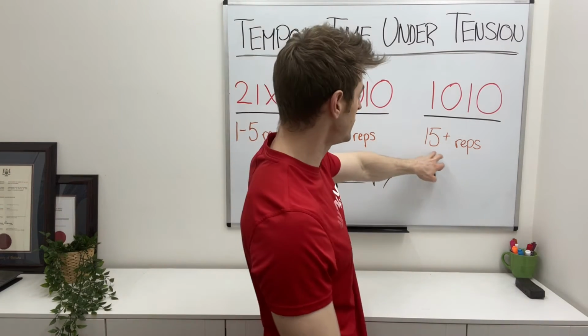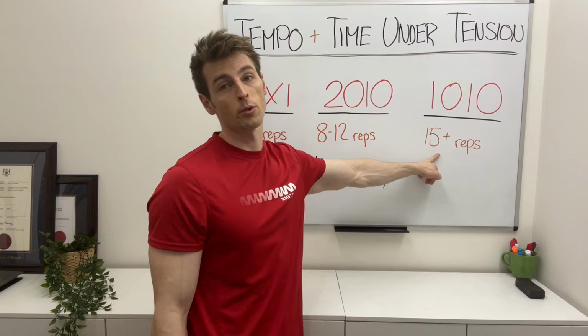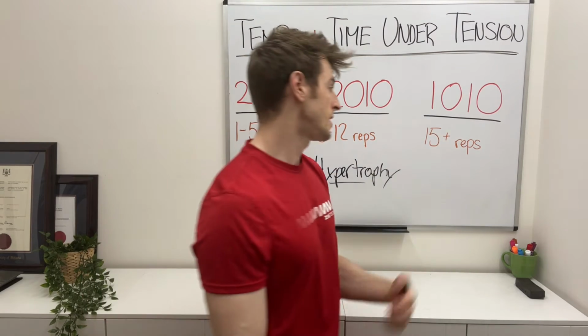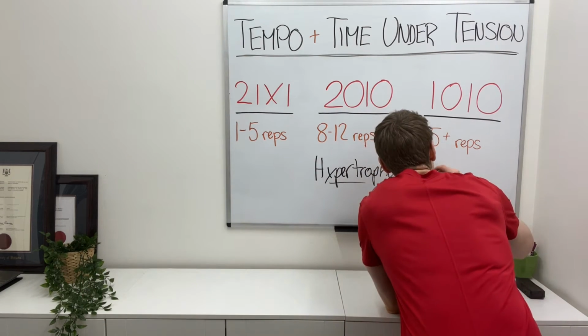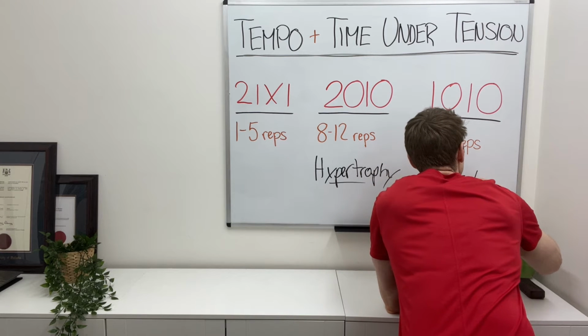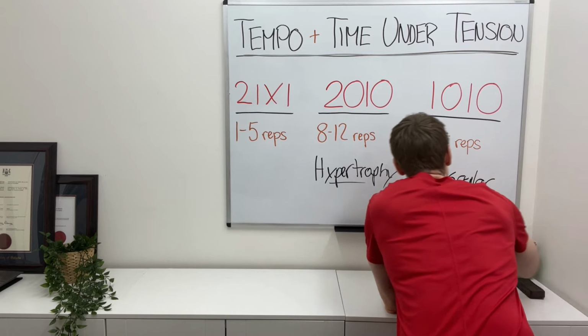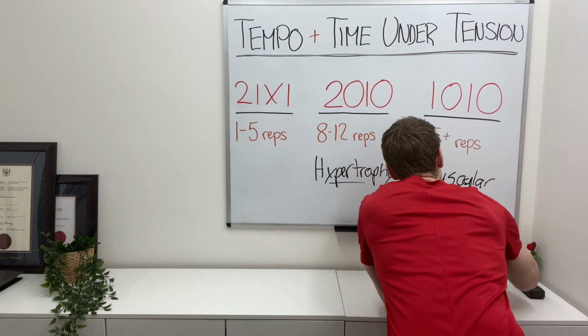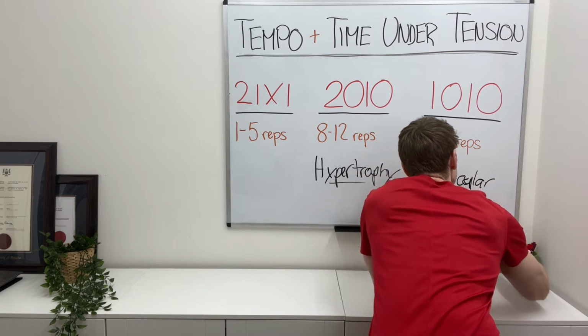Now let's go over here where the 15 plus rep range is good in a lot of cases for some programs. And in this case, the ultimate goal is muscular endurance.